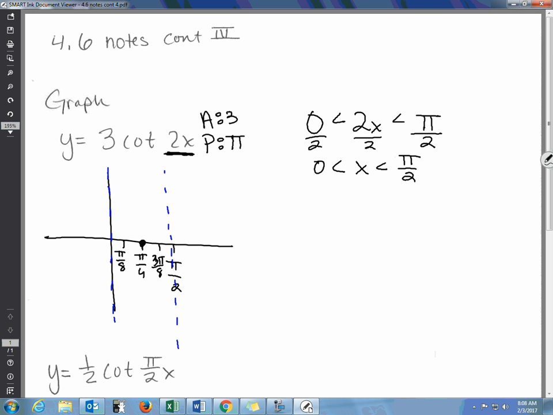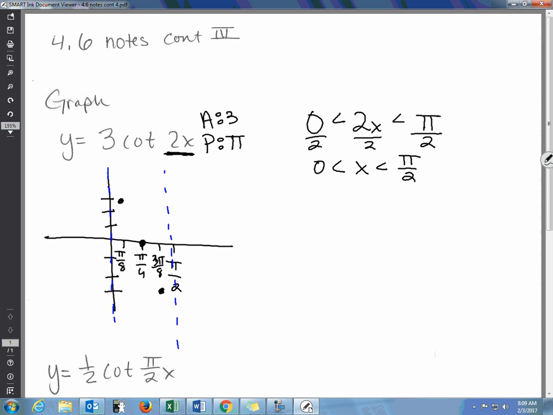Now, in tangent, if your amplitude was positive, the first point you always went down, and then the third point you always went up. Well, in cotangent, it's different. It's opposite. It's backwards. Okay, so at this first point, pi over 8, I'm now going to go up my amplitude here, and then at 3 pi over 8, I'm going to go down my amplitude.